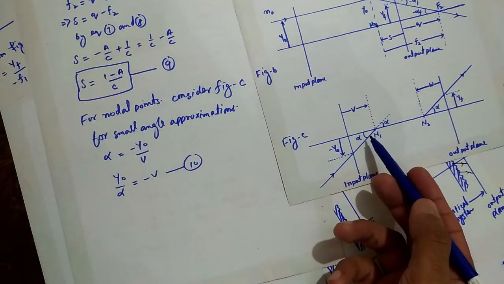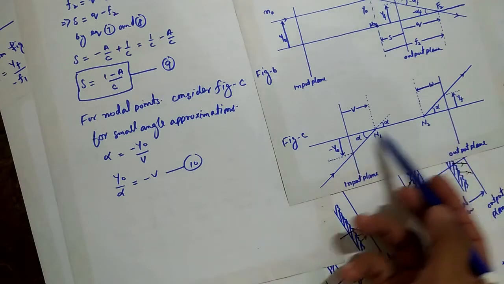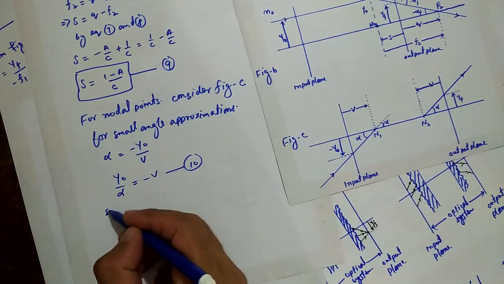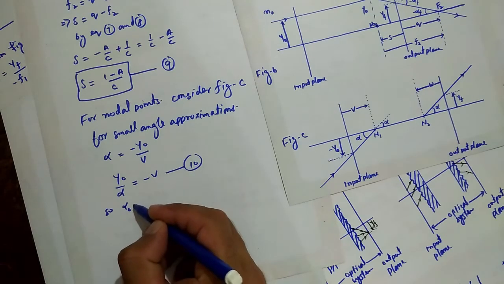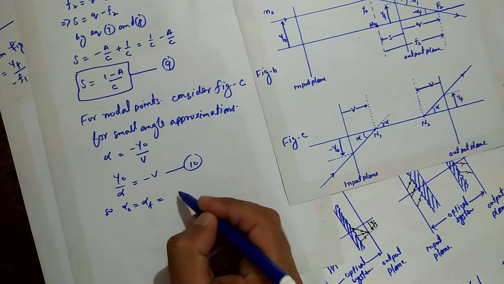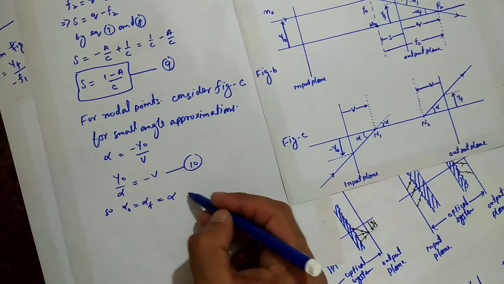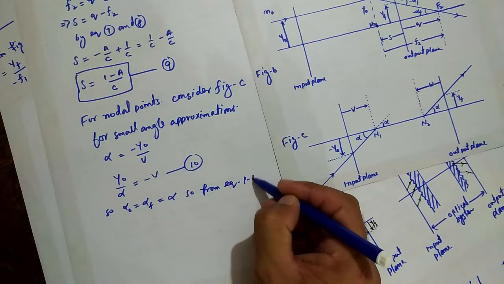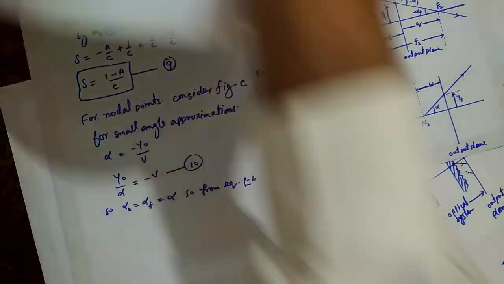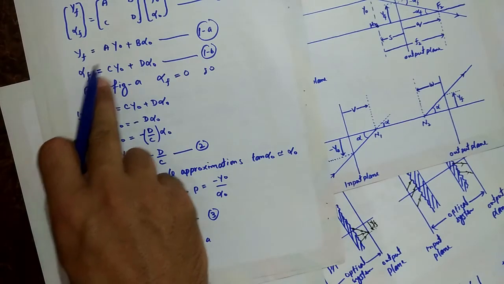Since the angle of the input ray and output ray with the optical axis is same, from figure alpha naught is equal to alpha f, and I have denoted them by alpha. So from equation 1b, which is this equation, this will become alpha, this will become alpha.